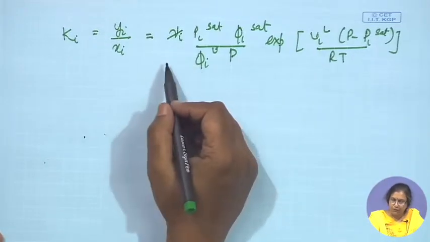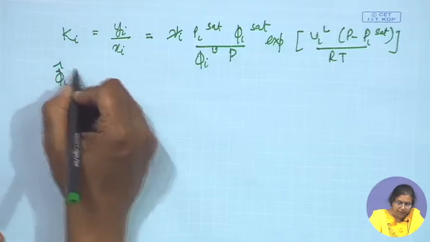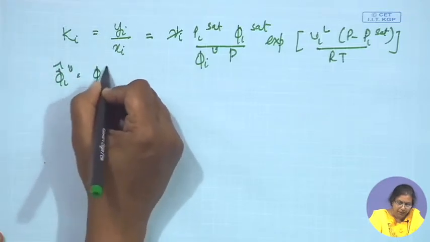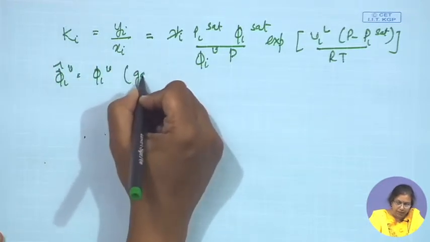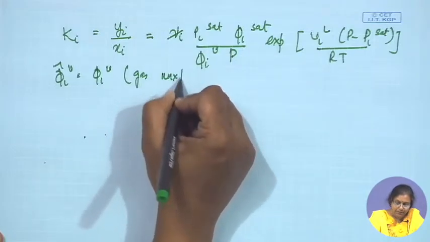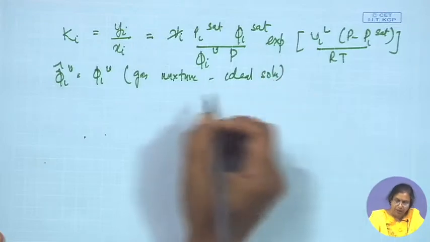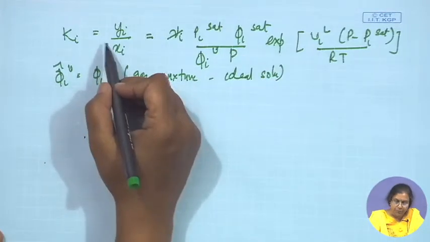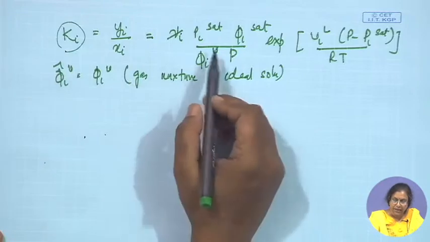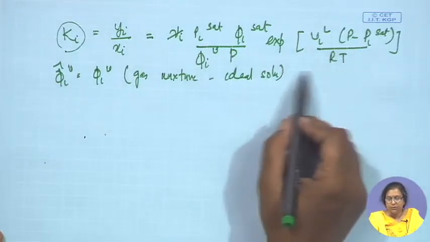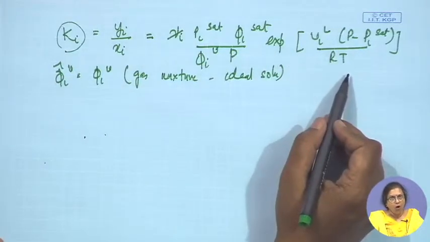So, what did we find? By assuming that phi I v equals phi I v, or in other words, the gas mixture behaves as an ideal solution, we are in a position to find out Ki from the pure component properties of component I in the vapor phase and in the liquid phase.